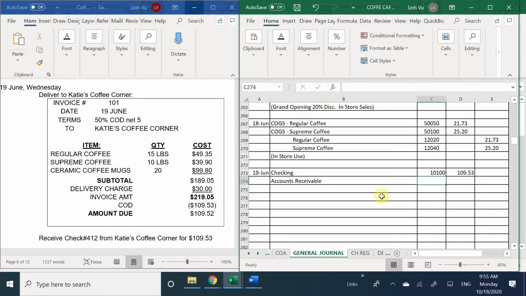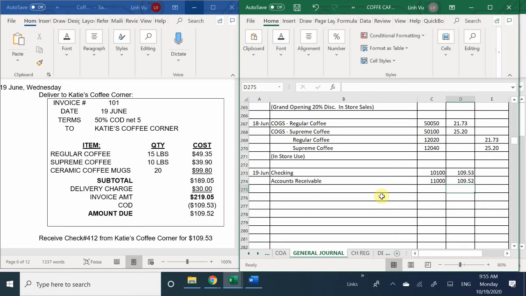An accounts receivable, what's the account number for that? All right, and we know from looking at our bill, she owes us 109.52.